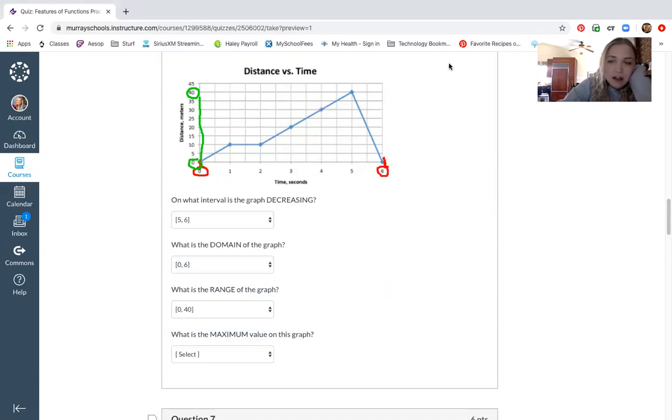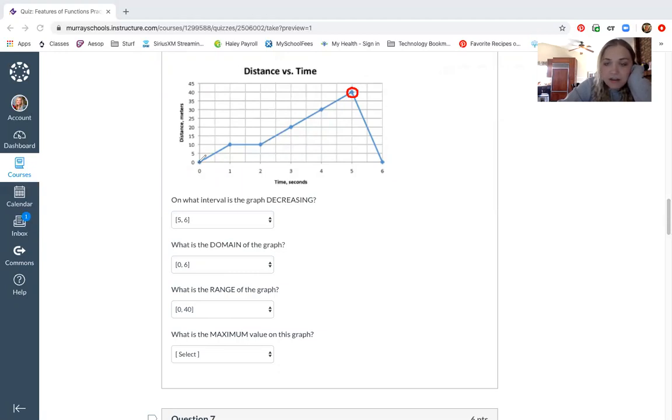Okay, so that was all of our interval work. We've got the decreasing, the domain, the range, and then let's talk about the maximum. The maximum on this graph is going to be the highest coordinate on the entire graph. I can see that this dot right here is the highest point on the entire graph. So my answer is going to be telling the directions for how to get there.